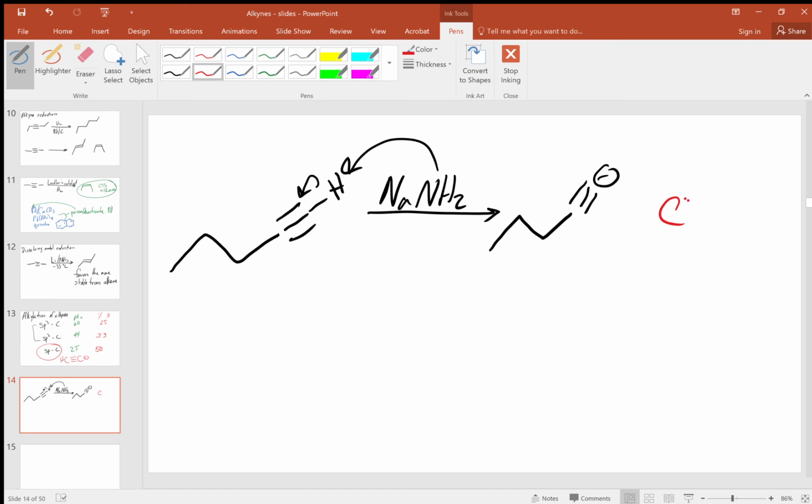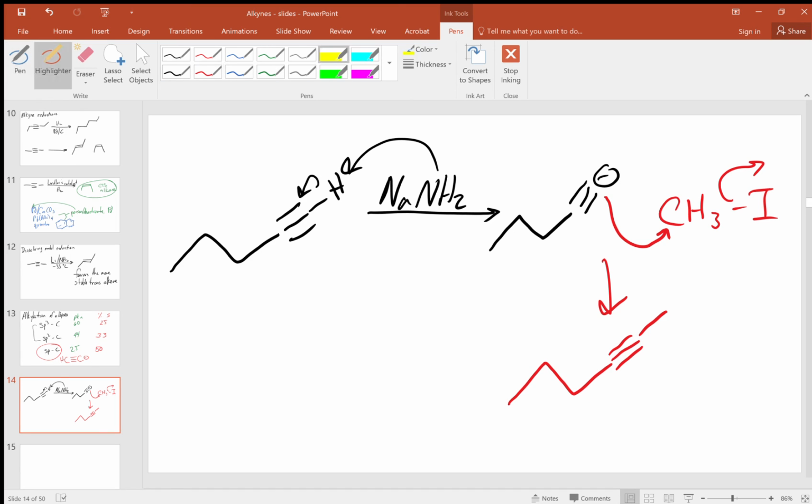And if you then add an alkyl halide to it, the anion that you just formed will attack the carbon because the carbon-halogen bond is polarized, and the halogen gets kicked out. And as a result, we form a new carbon-carbon bond here.